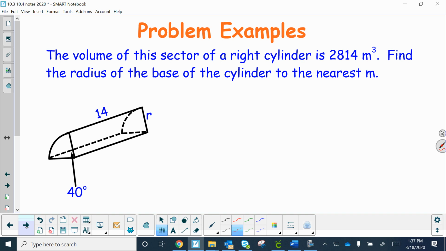Okay, so it says that the volume is 2,814 meters cubed, but we need to find the radius of what this is. So here's how you want to set up this formula.